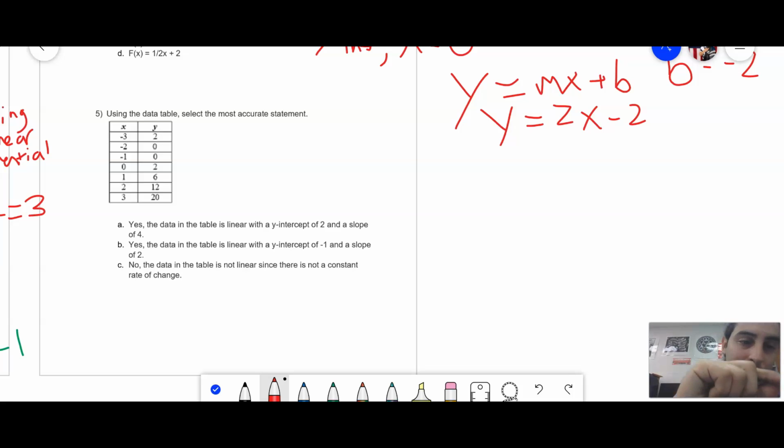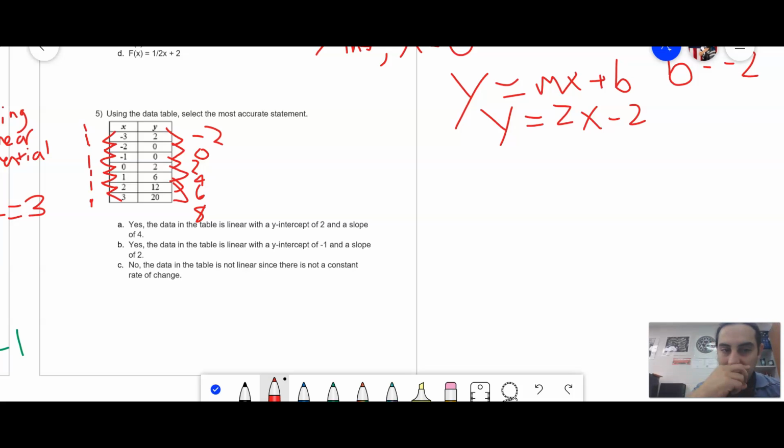So let's do this. 2 to 0 is negative 2. 0 to 0 is 0. 0 to 2 is 2. 2 to 6 is 4. 6 to 12 is 6. 12 to 20 is 8. All right. And then on the whole left side, it's going up by 1, 1, 1, 1, 1, 1. Right?